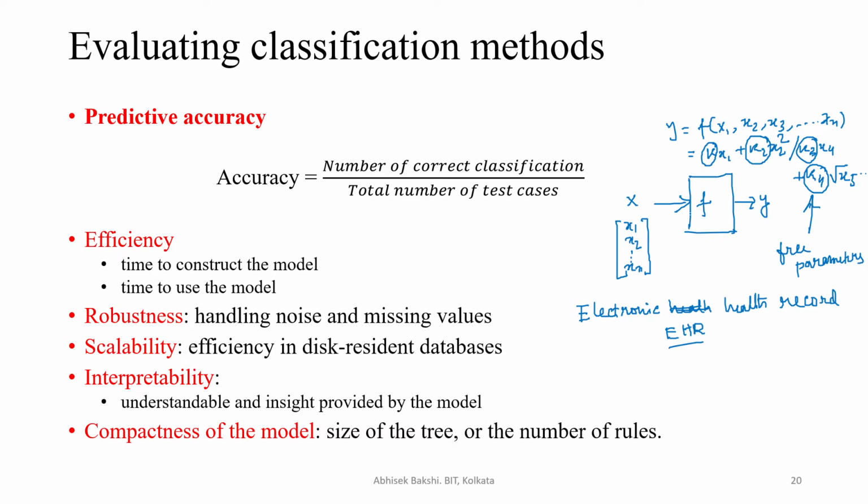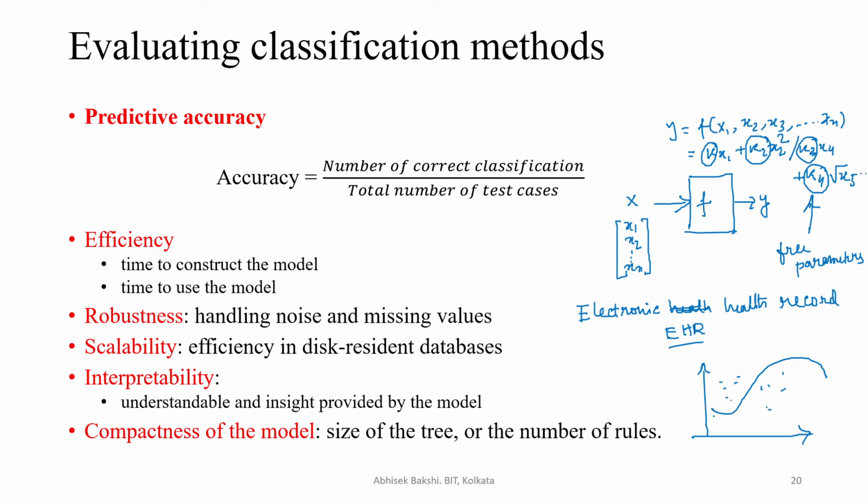Free parameter in the sense, if we consider the 2D space, assume that we have some points here, another points here, so that ultimately you have to design a curve something like this. Suppose this particular equation represents this function. For this function, I need a lot of different k's.